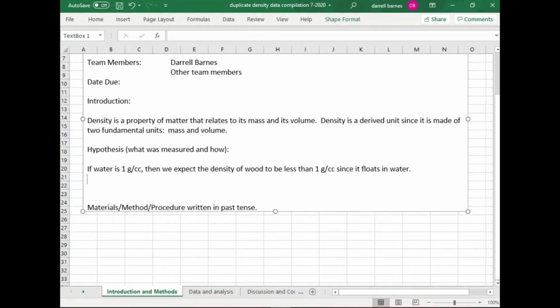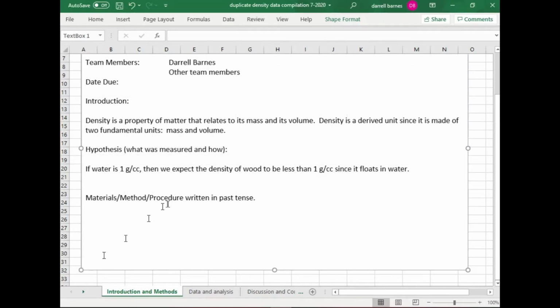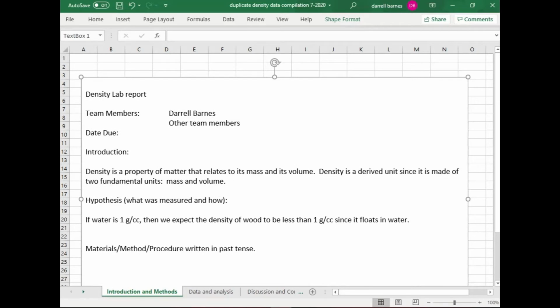Let's go back and let's go to materials, methods, and procedures. All right, I tell you what, let's expand this a little bit. And what do we have? Density lab report.